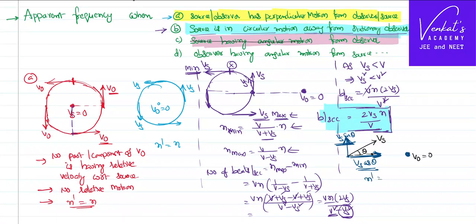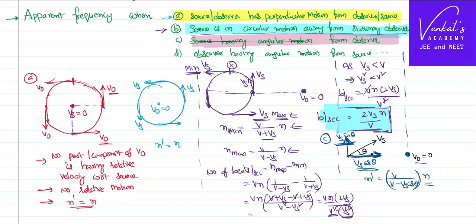So n dash will be, as this is approaching the observer, v by v minus vs cos theta into n is the equation. If the source is going away, then in place of minus I would write a plus. That is case C.